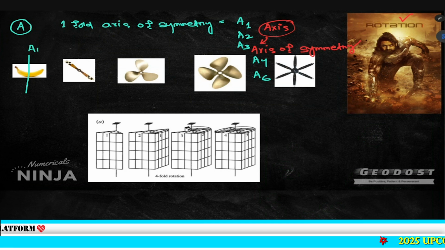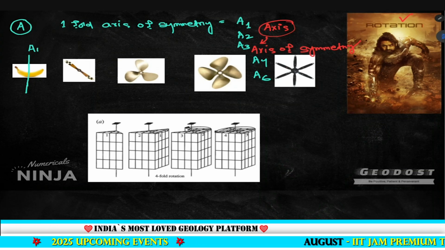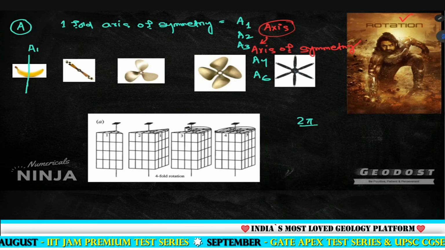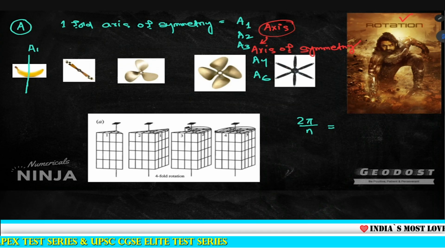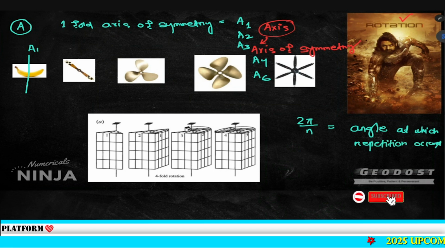तो एक्चुअली इसका मीनिंग क्या है? एक्सिस ऑफ सिमेट्री का मीनिंग ये है कि हमको सिंपली उसका एंगल जो हम निकालते हैं, it is basically 2π by n. Okay, n means number of folds, so it is basically going to give you the angle at which repetition occurs.